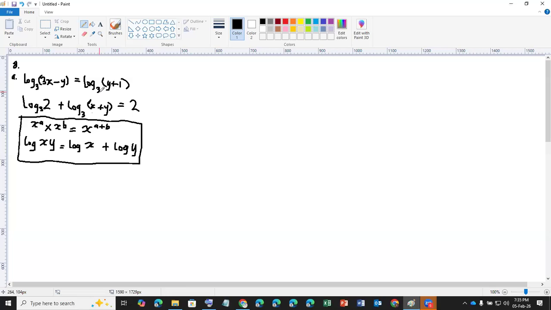So conceptually, in that sense, you can say log to the base 3 of 3x minus y.